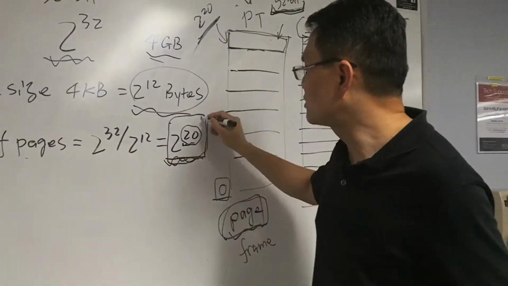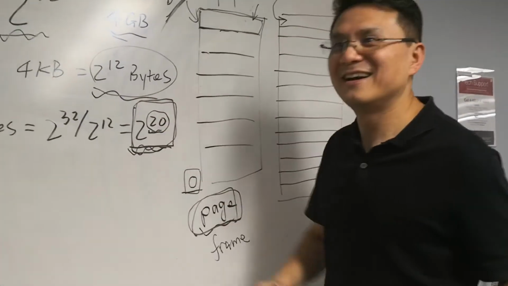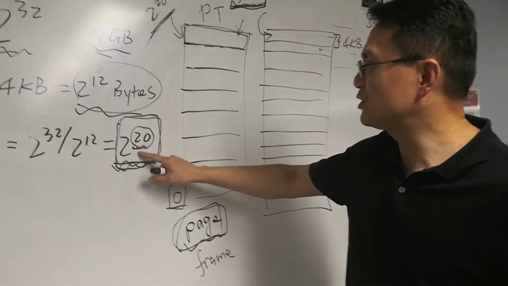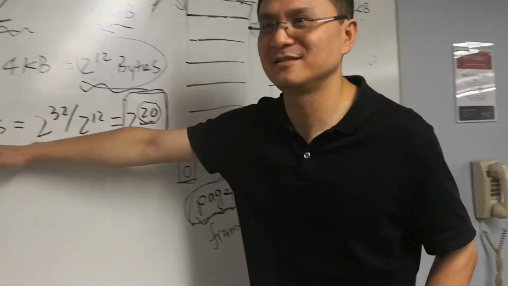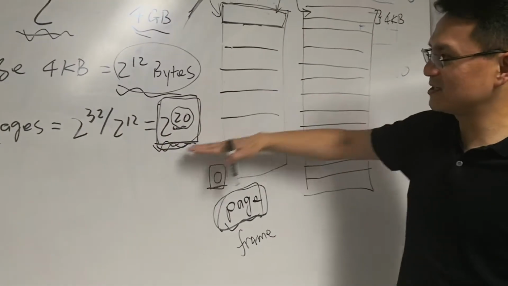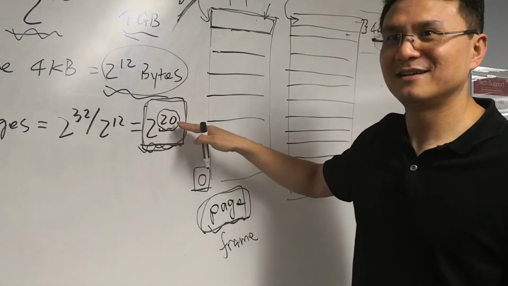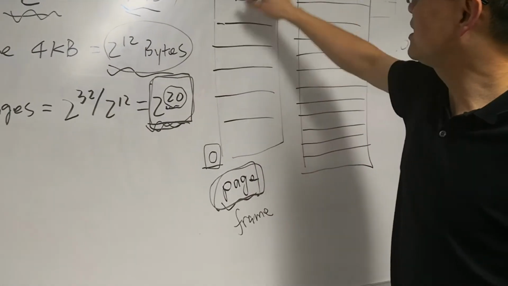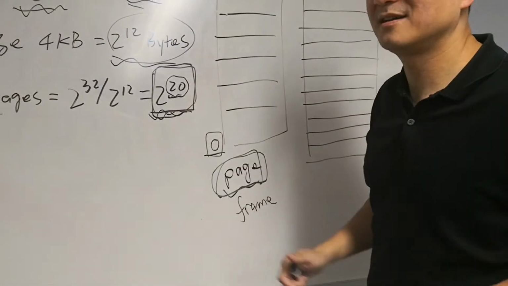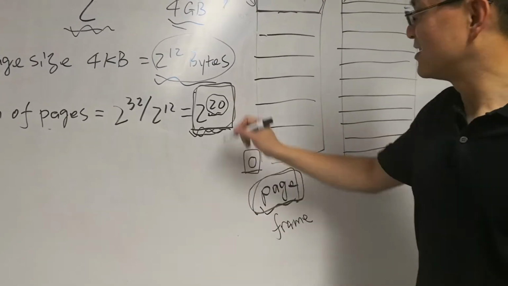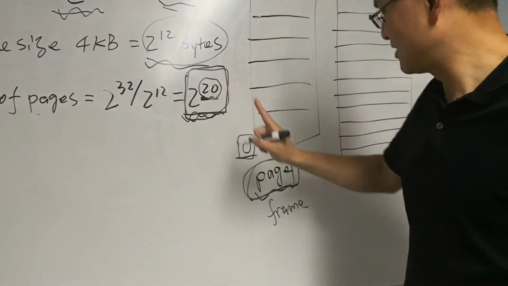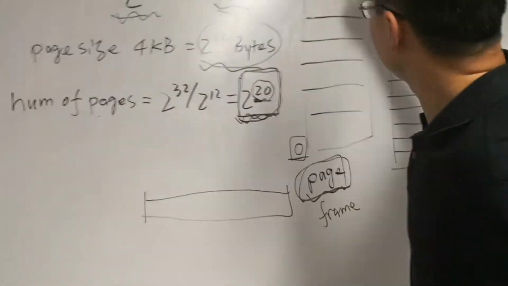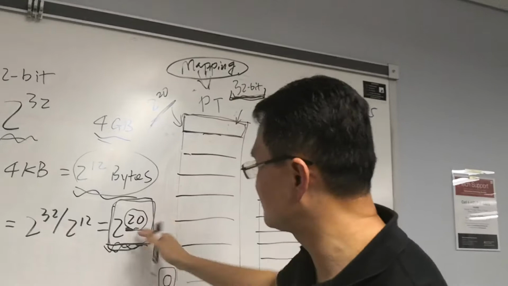So there are 2 to the 20th pages, and this table needs to store that many different pages. Each entry has to have how many bits at least? 20 bits. Normally you put 32 bits, which is more than that.